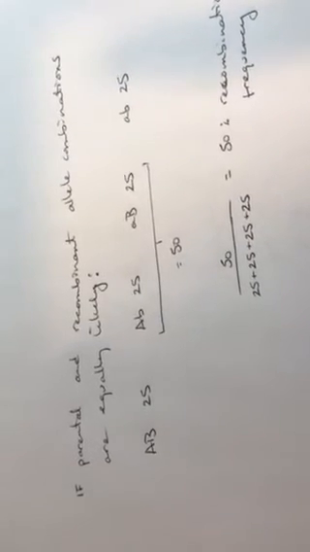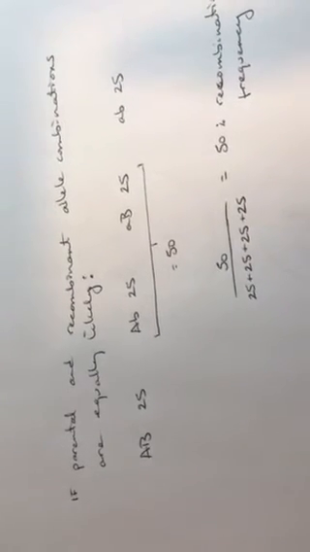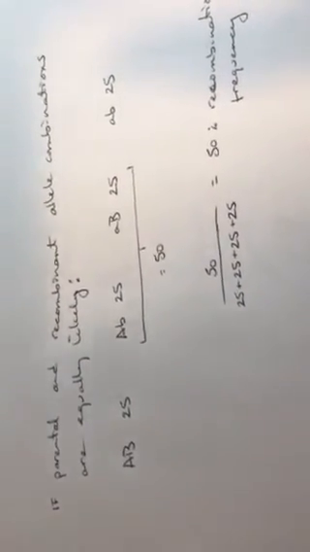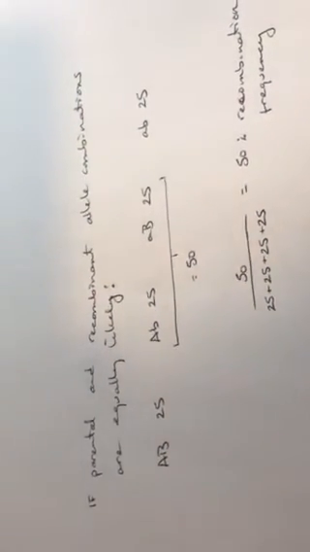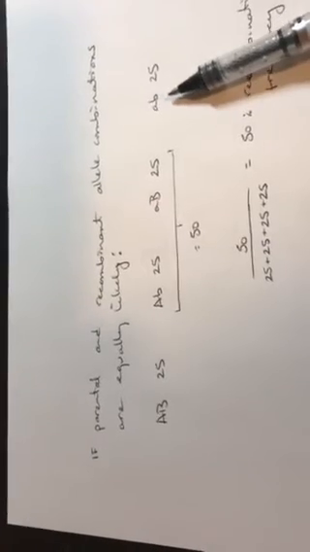So let's consider this first. If the parental and the recombinant allele combinations were equally likely, then it might look like this. I've just made this conveniently add up to 100 to make it simple, easy to see. So we have this combination you find in 25 of the offspring, this in 25, this in 25, and this parental one in 25. So that all adds up to 100. These are the two recombinants.